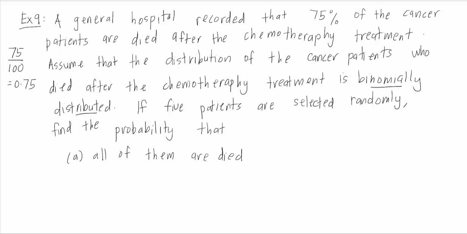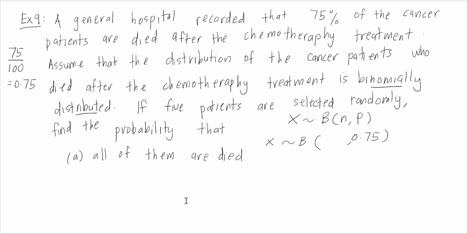So what is the binomial distribution? When you have the N and P. For this question, we already have the P. P is 0.75. Now do we have the N?